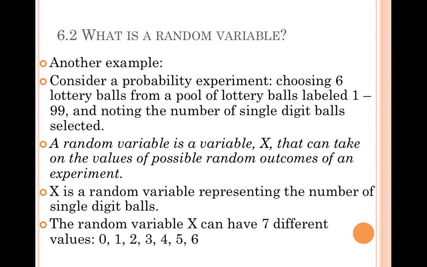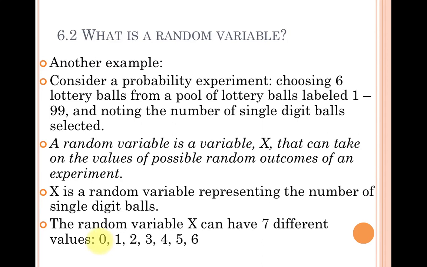So let me explain this again. The experiment was choosing 6 lottery balls. If you're interested in how many of those 6 are single digits, you can think of the values that could come out. If you pick 6 balls, it's possible that none of them, 0 of them, are single digits.